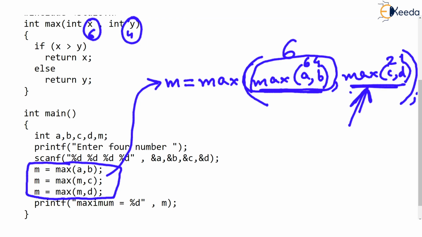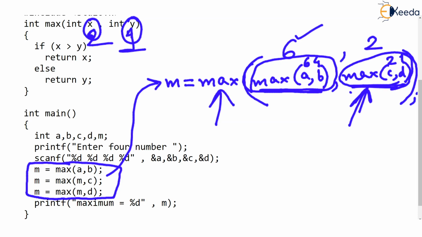So x will become 2 and y will become 1 and the function will return 2, the largest. But 2 will be returned at the call. Now are you watching? This outer max is having 6 comma 2, two values. So 6 and 2 go to the function, correct? And the function returns 6 at the call. This 6 is ultimately stored by n. So you can do it like this.